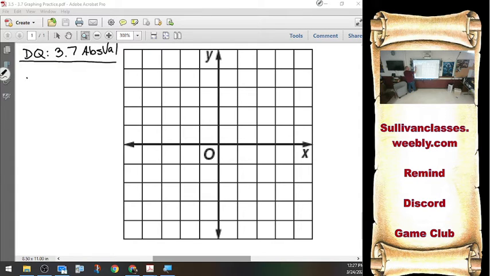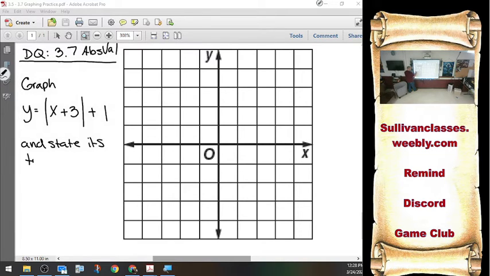I would like for you to graph y equals... I want you to graph that and tell me what the transformations are.